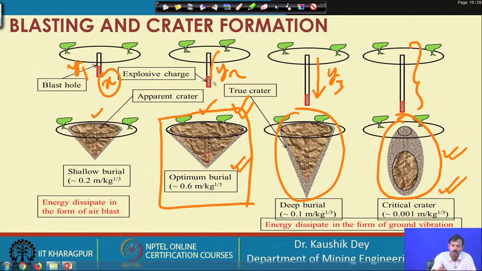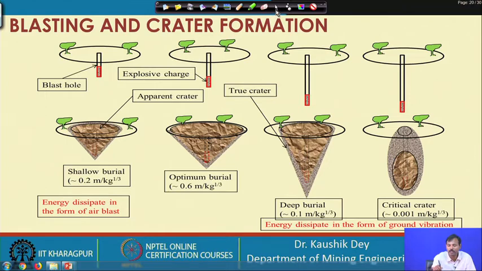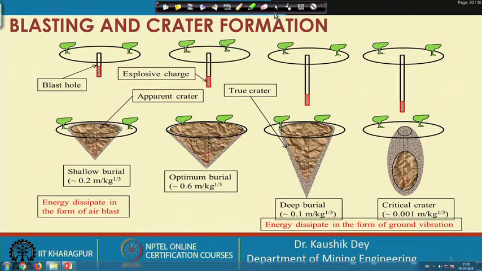This is the optimum depth of burial, in which we are getting the optimum crater. This is again reducing further, and this is the critical depth of burial where there is 0 impression. This is very important, because we understand the explosive energy utilization on the rock.